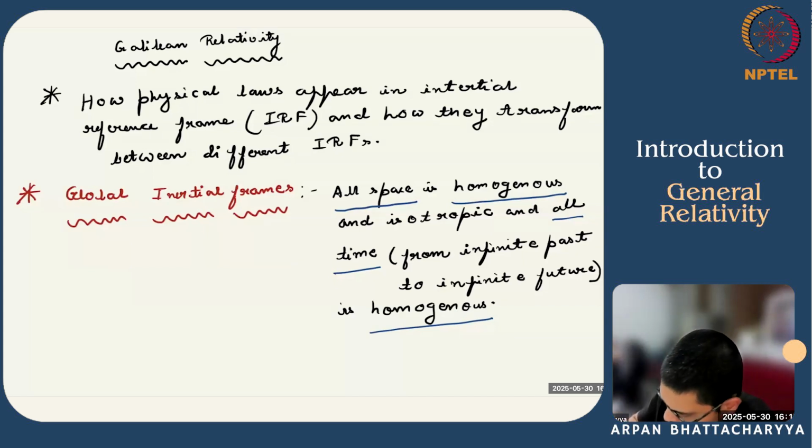Homogeneous means that there is no preferred location in space. So you can do your experiment at any point in space, and if you run an identical experiment, it should give the identical result. Mathematically, this means that you can set your origin at any point in space.